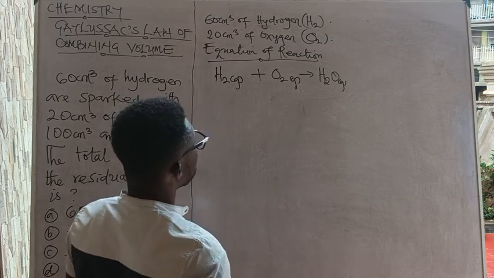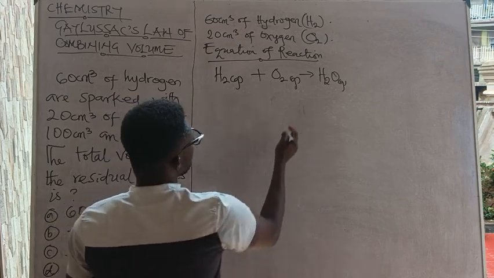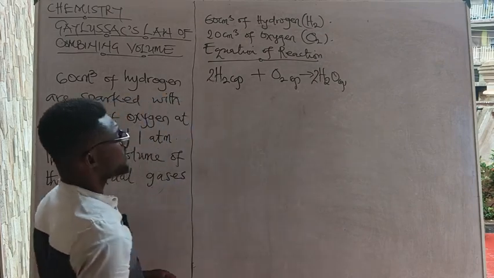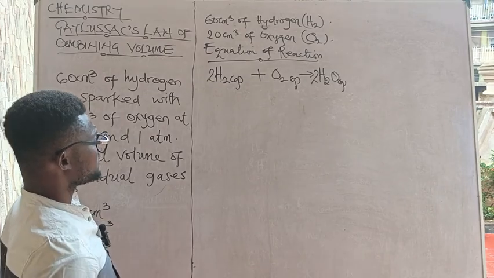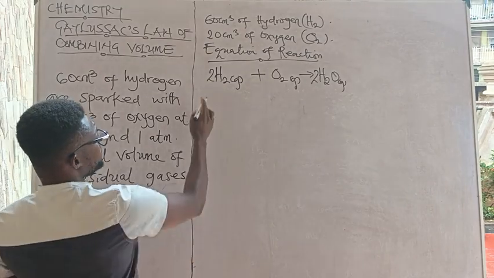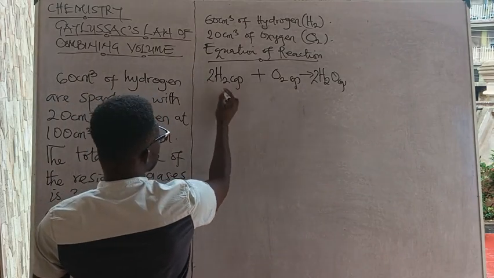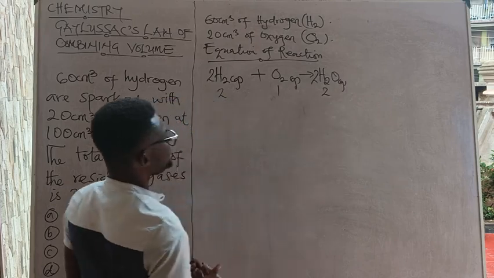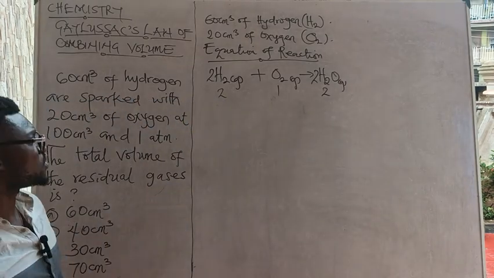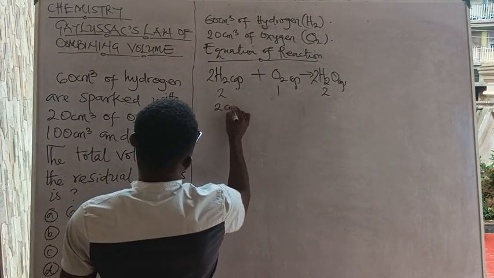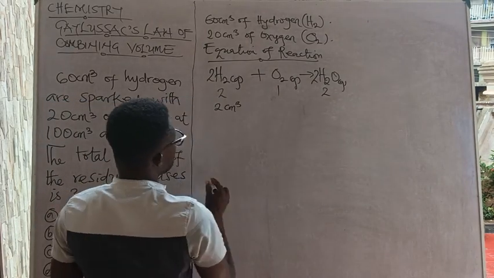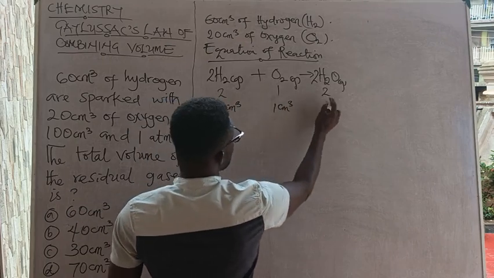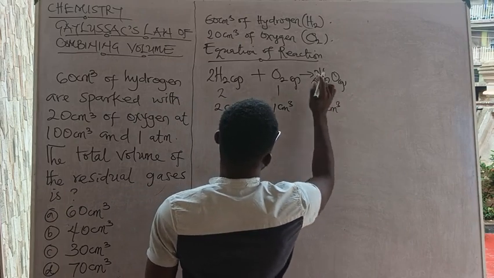Now, the equation is not balanced. If you balance the equation, you put 2 here, you put 2 here. Now, the equation is balanced. So, from this equation, we have their simplest ratio, which is hydrogen 2, oxygen 1, and the steam 2. Now, from Gay-Lussac's law, we have 2 cm cube of hydrogen reacting with 1 cm cube of oxygen gas to give 2 cm cube of steam.